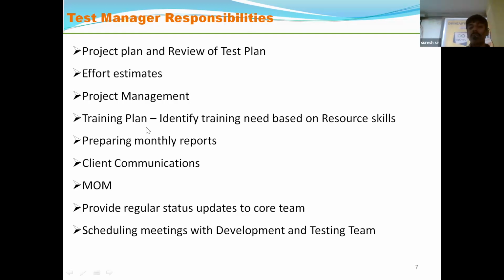That is what is clearly mentioned: identify training needs based on resource skill. Is the resource at fresher level or experience level? What kind of skill? Based on that, some internal trainings need to be completed.